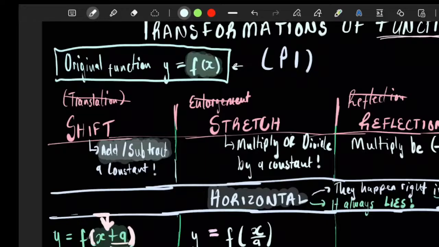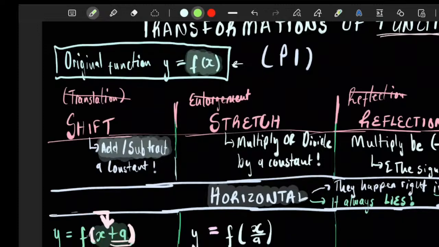So in other words, the sign changes. In brackets, just say the sign changes. The sign of what? Either the sign of the whole thing or just the sign of the x part is the one that is going to change.